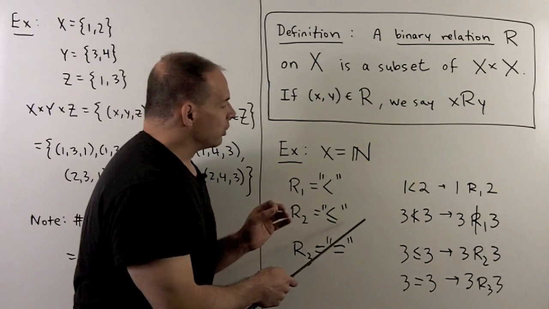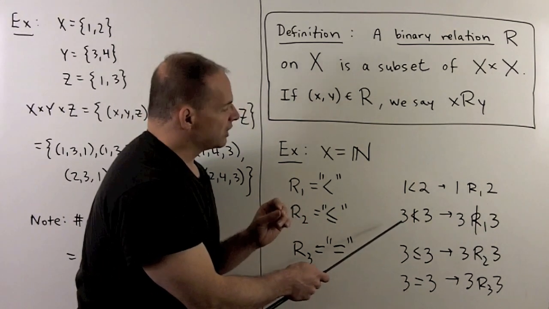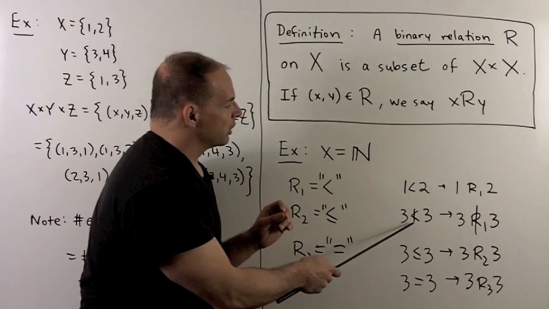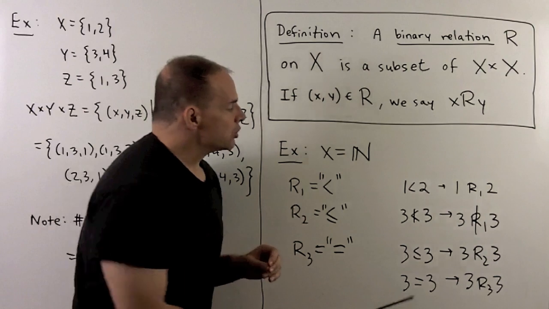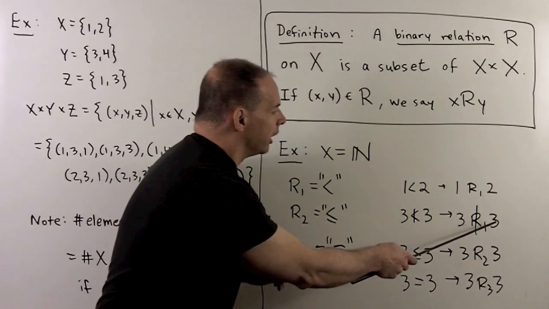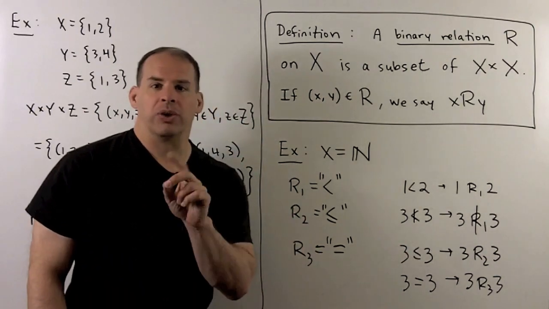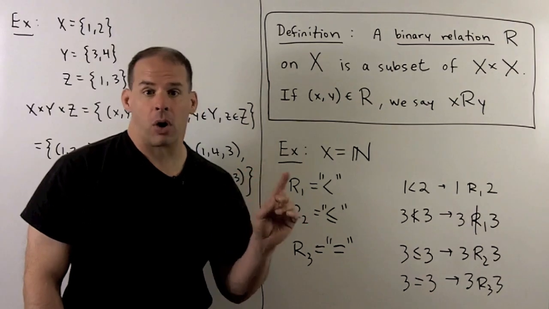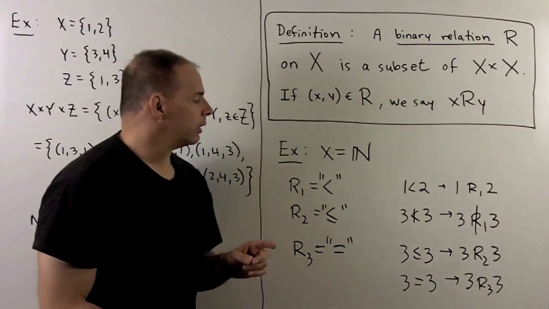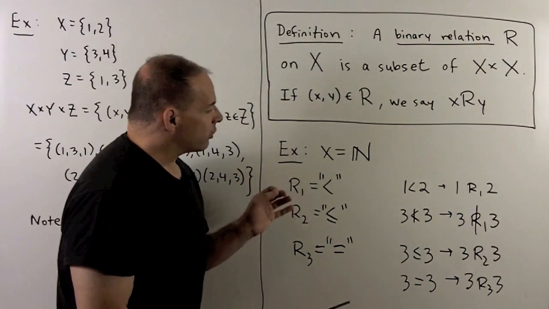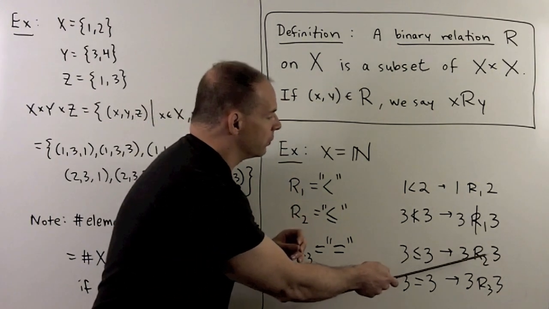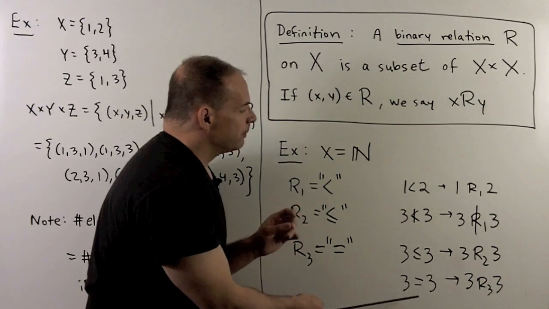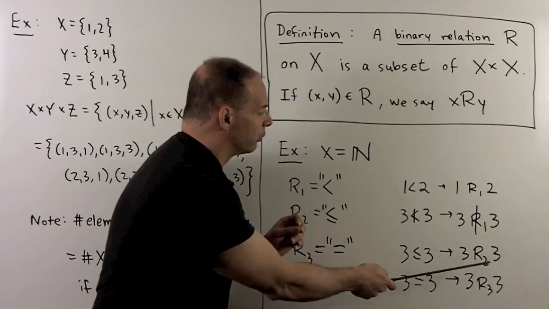If I want to say the relation doesn't hold, so for instance, I have 3 is not strictly less than 3, I would put a slash through the relation. So I have 3 R1-slashed 3, which is the same as saying that (3, 3) is not an element of R1. Okay, for an example with the other relations, I could have 3 less than or equal to 3, so 3 R2 3. 3 equals 3 just gives 3 R3 3.